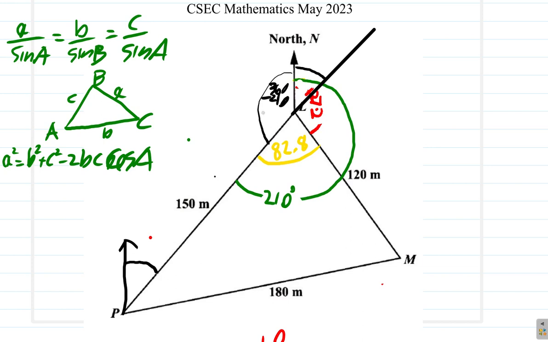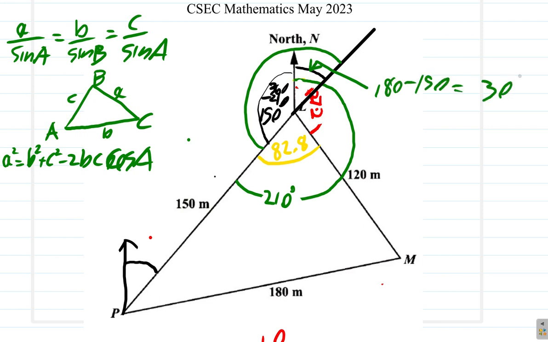So this is 150 degrees. All right. Now, the thing is, from here going all the way here is 180. So this angle right here must be 180 minus 150, which is what? 30 degrees. This is 30 degrees.